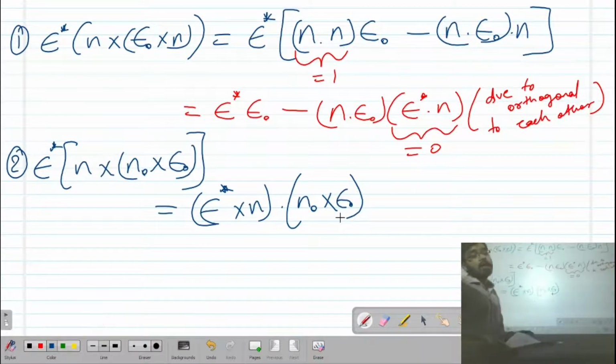Now we will try to substitute all these values inside the scattering amplitude equation, the final equation.